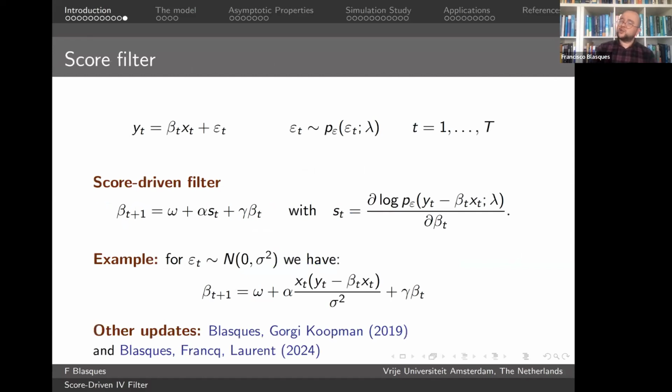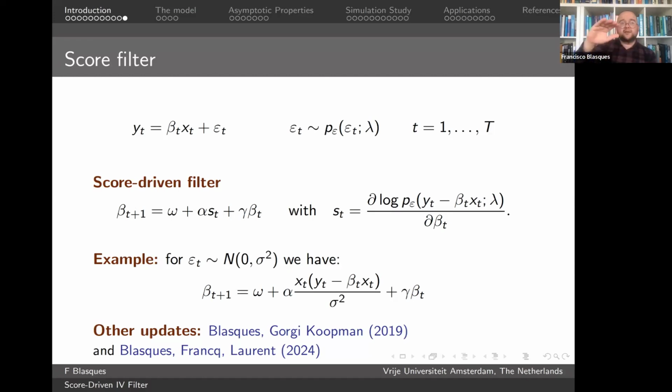So the idea for a score filter for a regression like this with a time varying beta would be to take a density for the error term and then say, why don't we update the time varying parameter essentially in this way, as a step in the steepest ascent direction, right?